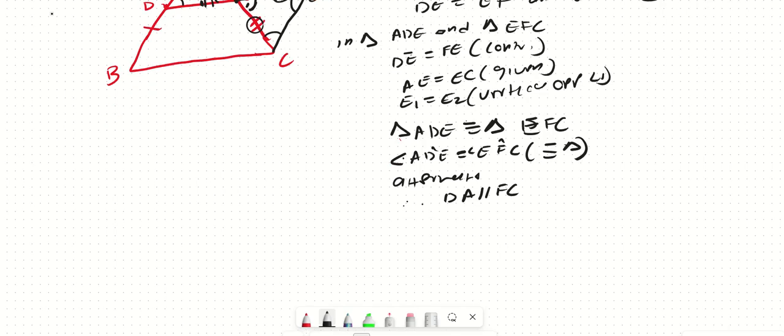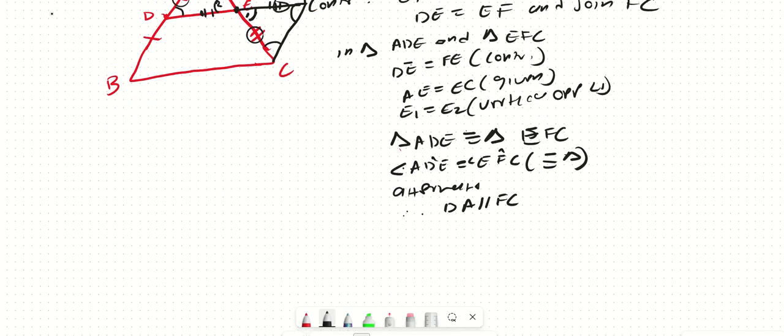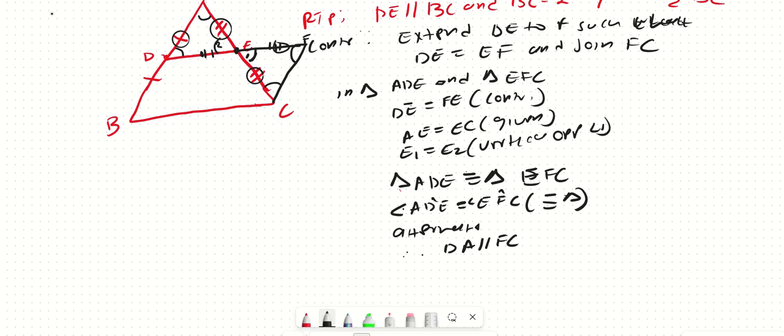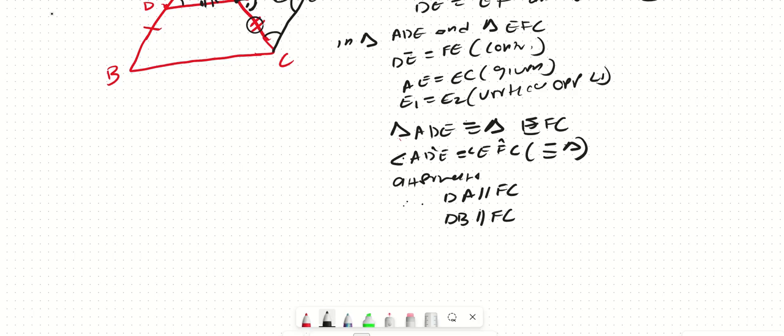Even from that, I can now say that BD is parallel to FC, and that is parallel because of the alternate angles, because angle ADE equals angle AFC. Now what do I know?